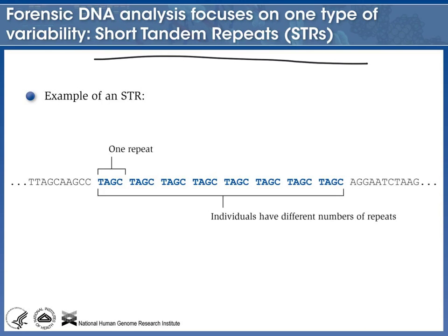So let's say this one individual in this area has 1, 2, 3, 4, 5, 6, 7, 8 repeats long. And let's say you have some more repeats. Each one of these is going to be a repeat. And this person only has 3 repeats long.